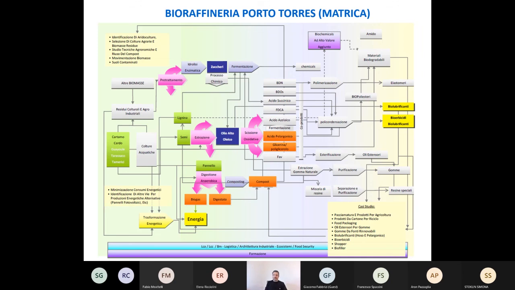participated, and I was one of the researchers involved, in a research project for the realization of a biorefinery in Porto Torres, in the north of Sardinia, where we investigated and then realized all the biorefinery systems, or biorefinery pathway, starting from cardoon, one of the energy crops we consider sustainable.